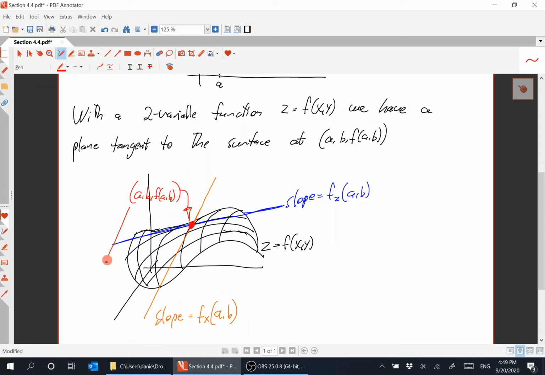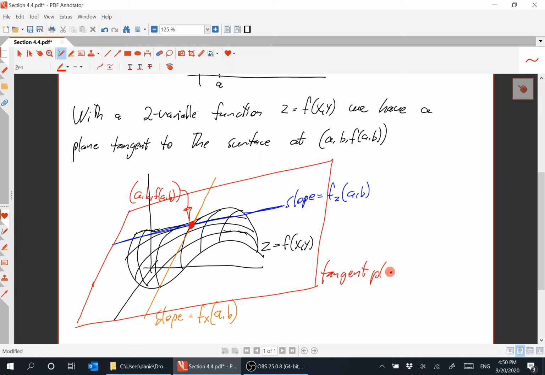You have these two lines that are both tangent to the surface, one in the x-axis direction, the other in the y-axis direction, and then those two lines uniquely define a plane. And here it is. So this plane is the tangent plane to the surface at a, b, f of a, b.